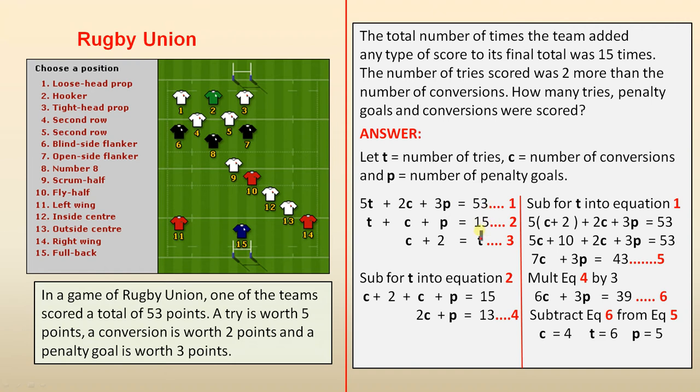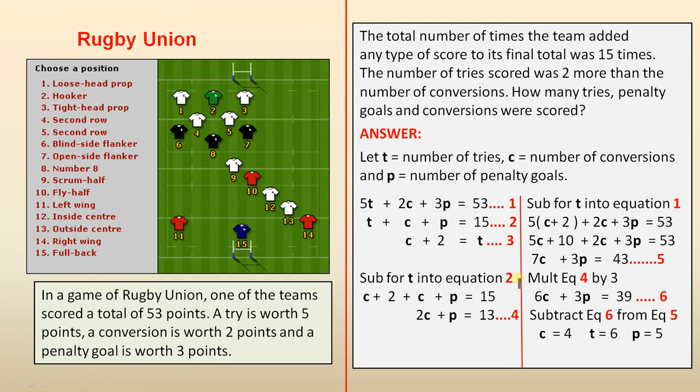We were told that the team scored on 15 occasions. So the number of tries plus the number of conversions plus the number of penalty goals was 15. We were also told that the number of tries scored was 2 more than the number of conversions. So that's the third equation here. So I've labelled these 1, 2 and 3.